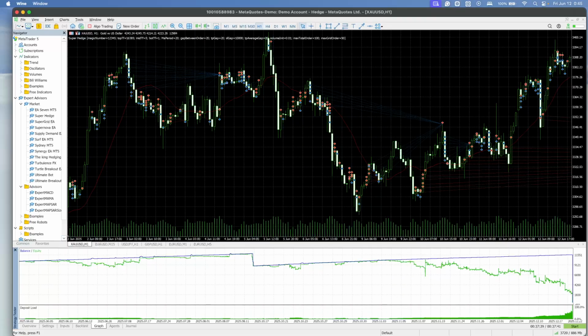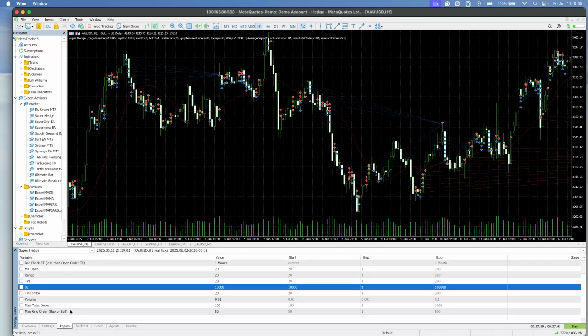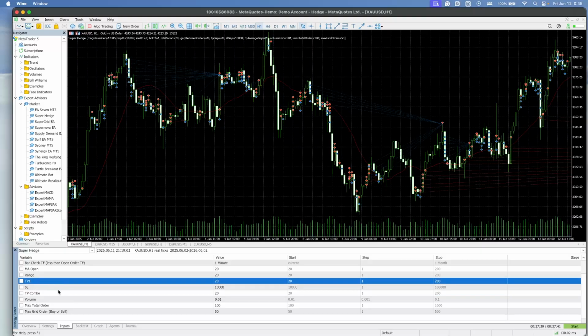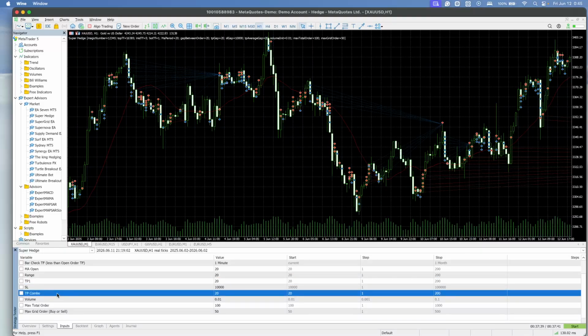Comparing this to the developer's claims of flexible recovery and hedge management, this is the harsh reality that these systems often hide. The thing is, the settings like the time frame layers, the moving average, open range, and the TP combo, and the max total order, and especially the max grid orders are what actually matter when it comes to this expert advisor.